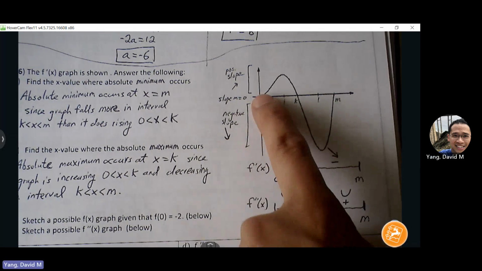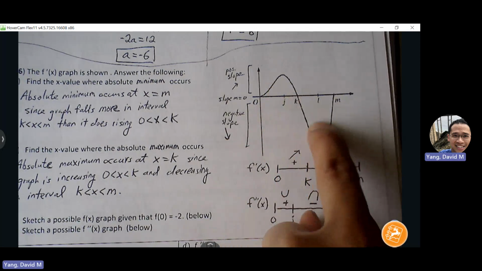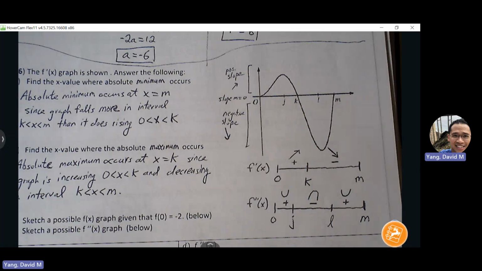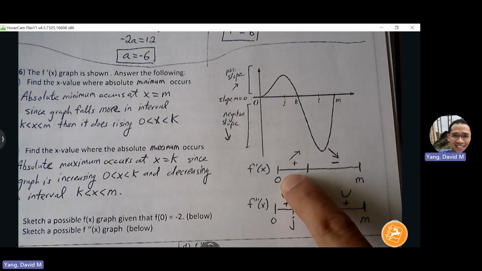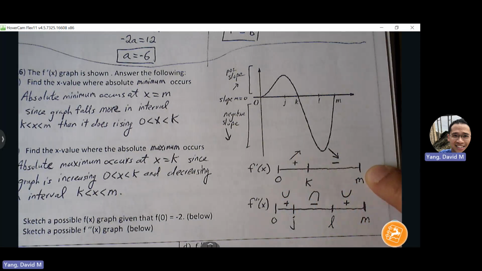But it's definitely moving down a lot more than up because the area between k and m is a lot greater than the area from 0 to k. So wherever it starts, it's going to keep going down, and it's going to go down further than where it started. So we know that at m, the absolute minimum is going to occur.